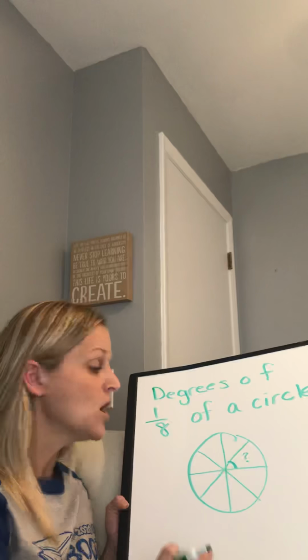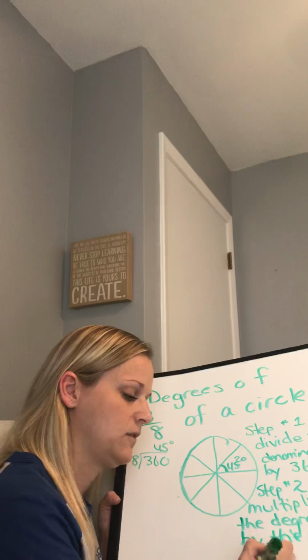My step 2 is to multiply the degrees times the numerator. Multiply the degree by the numerator.